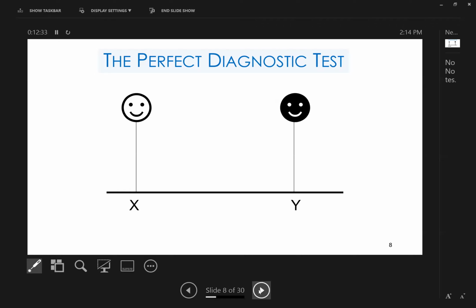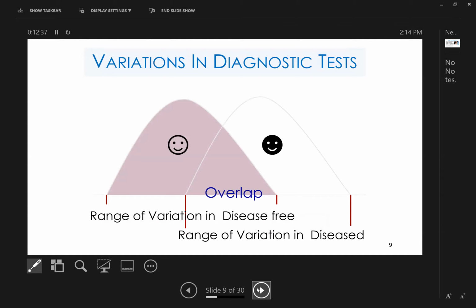In reality, there will always be a big overlap between people with the disease and people without the disease. Therefore, we're always confused on whether somebody truly has a disease or not. And this is easy to understand, right? Imagine if you had a distribution of people with high blood pressure and a distribution of people with normal blood pressure.